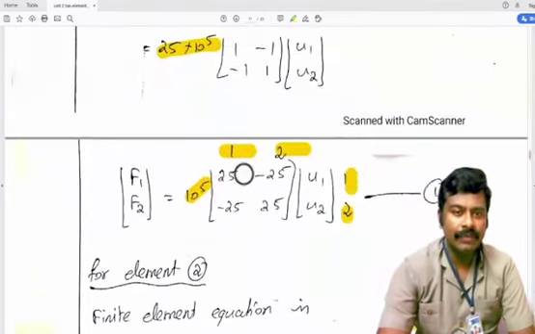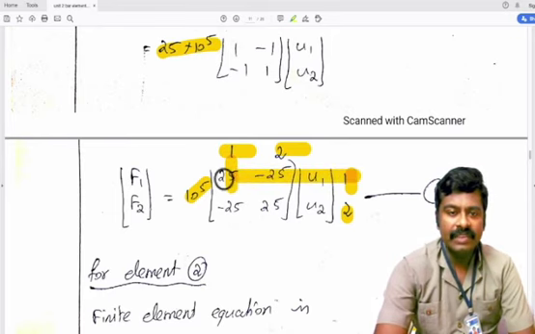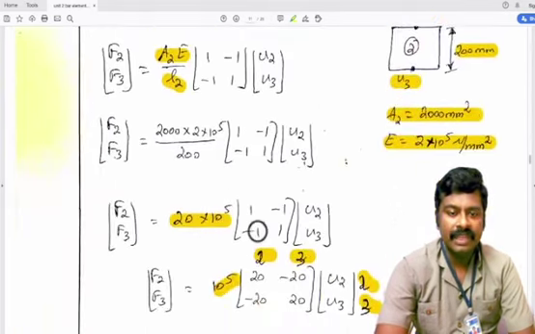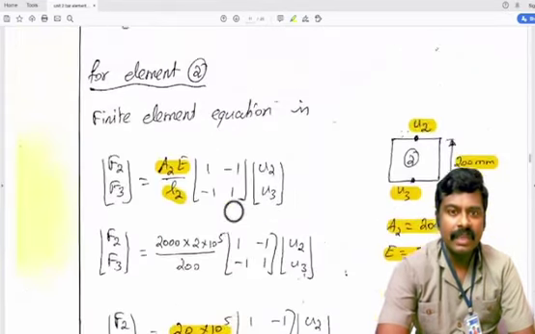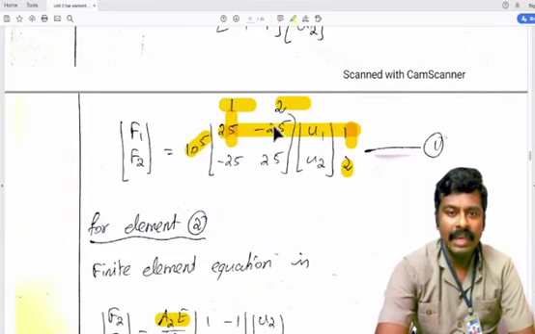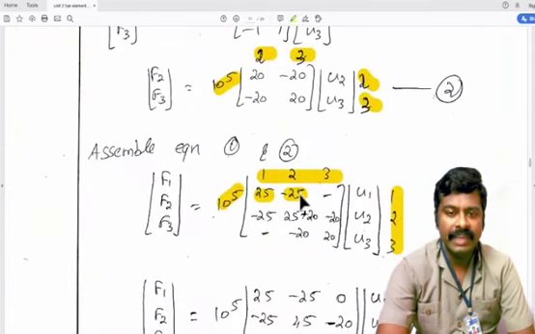So F1 F2, 1 and 1, the value is 25, therefore here I put 25. Then next one, 2 and 1, the value is minus 25, therefore here I put minus 25.